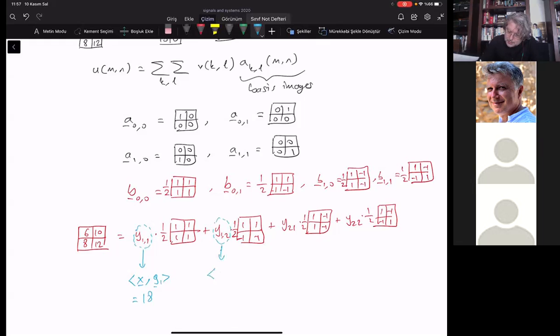It is x inner product with g2. So the top terms, 6 plus 10, are multiplied by positive 1, and the bottom terms are multiplied by negative ones. So it is 16 minus 20, which is minus 4, over 2 is minus 2.